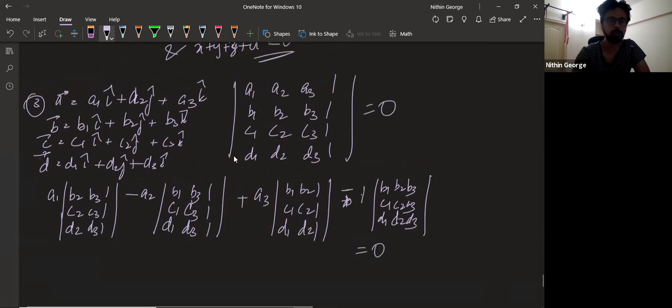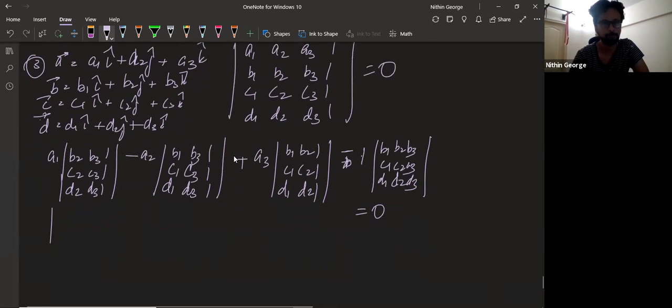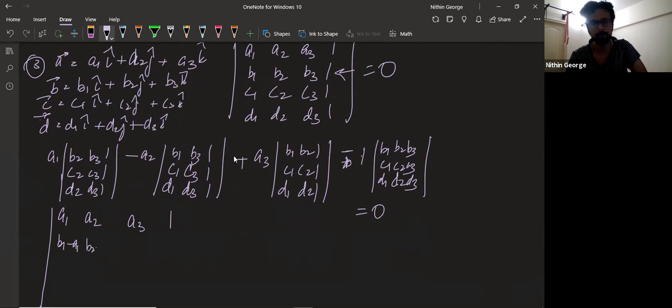But instead of all that, what you can do is write this as a1, a2, a3, and 1. And here I'll subtract the first row from it. So it becomes b1 minus a1, b2 minus a2, b3 minus a3, and this becomes 0.